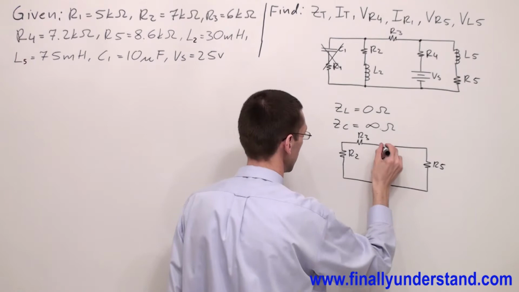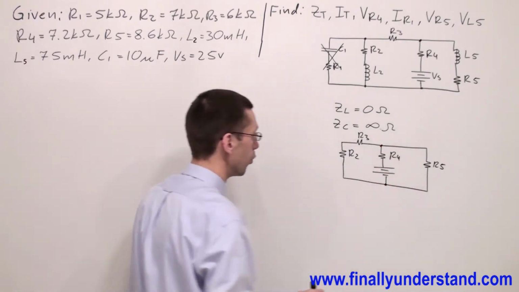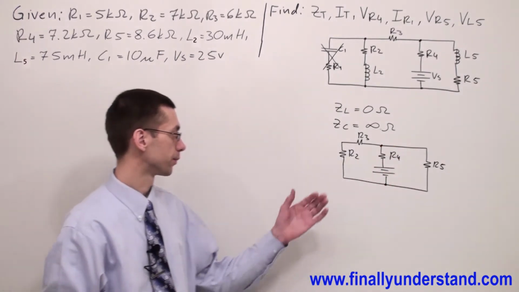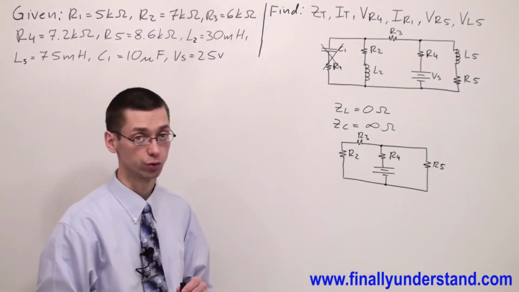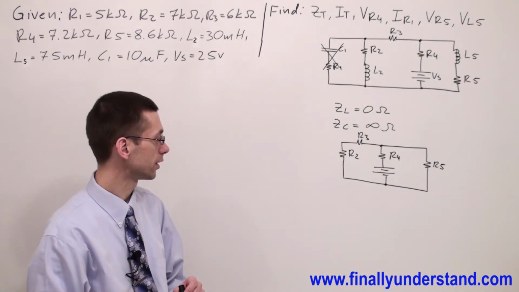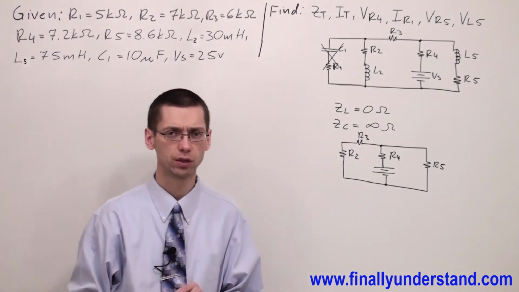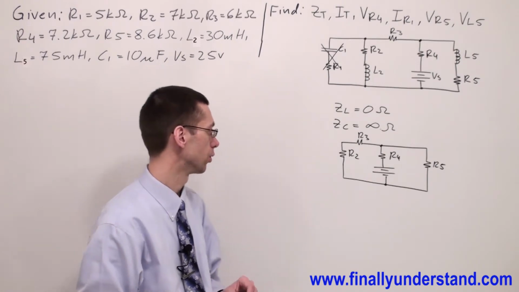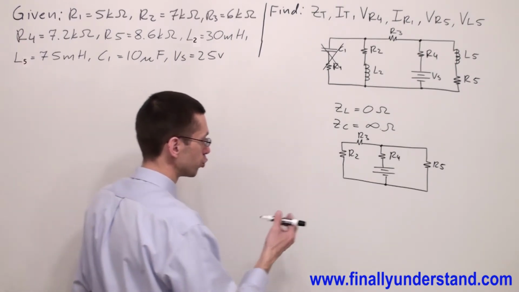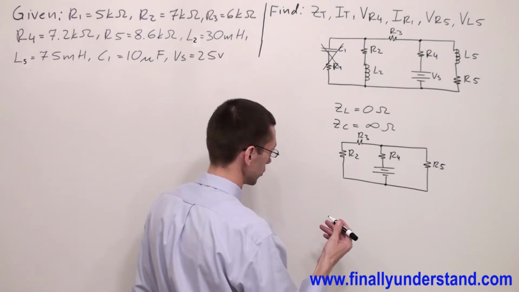Now, when students look at a circuit like this, many of them get confused because they're still thinking which resistor is in series with which and which resistor is in parallel with which. So we're supposed to redraw the circuit in order to make this circuit a little bit simpler.